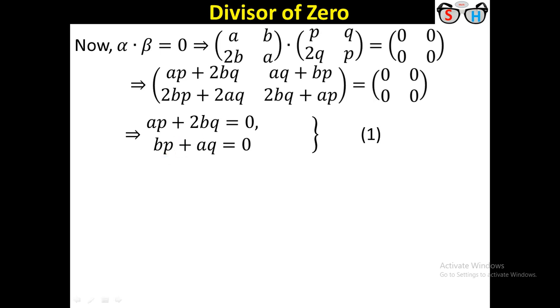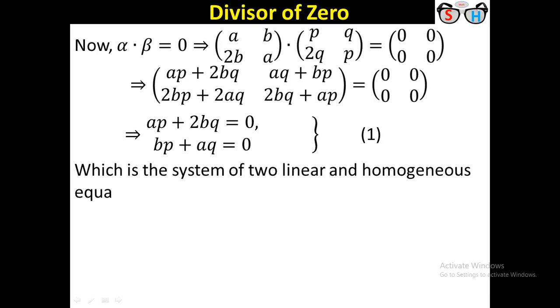Clearly, we have to find the matrix beta. Our target is to find a non-zero solution, if there exists a non-zero matrix beta. So we have to find p and q, where p and q are not zero at a time, from a system of two linear homogeneous equations.